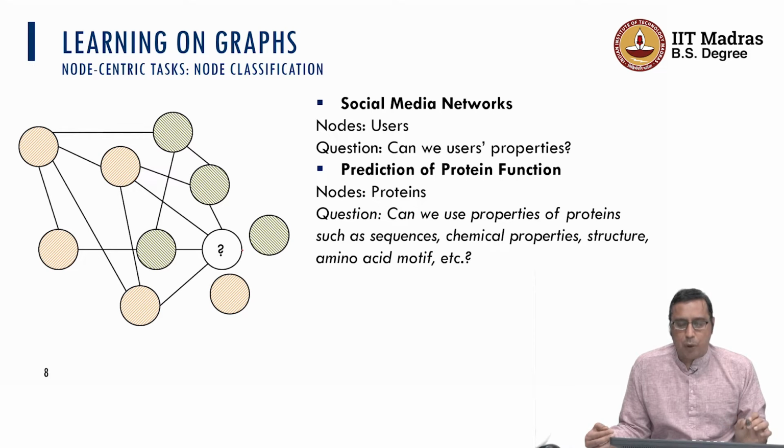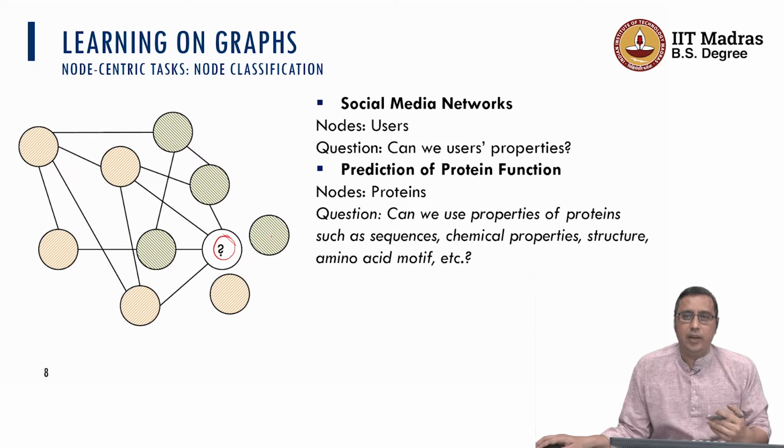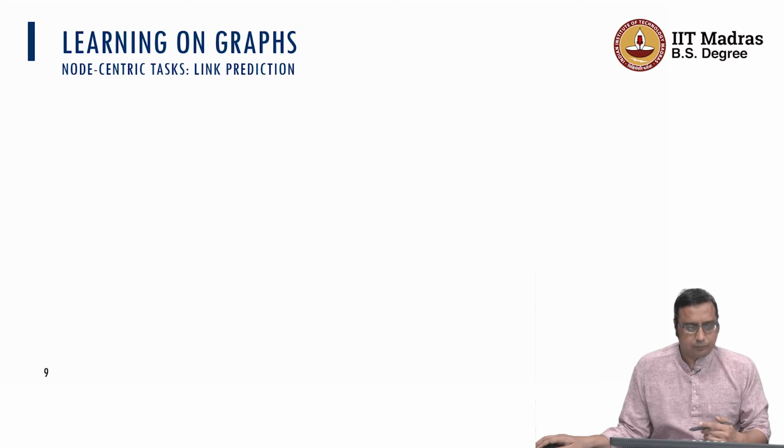So, can we use properties of the protein such as sequence, chemical structure, chemical properties, amino acid motifs, etc. to find out what this particular protein's function is going to be, whether it has this function or that function? So, node classification is a very integral part of many node-centric tasks on the graph.